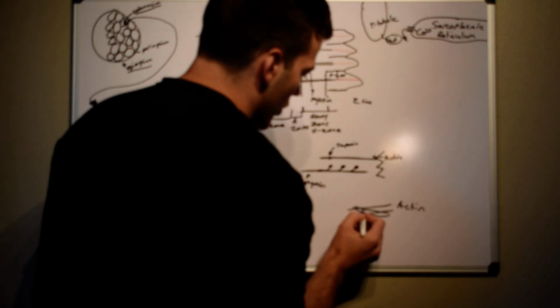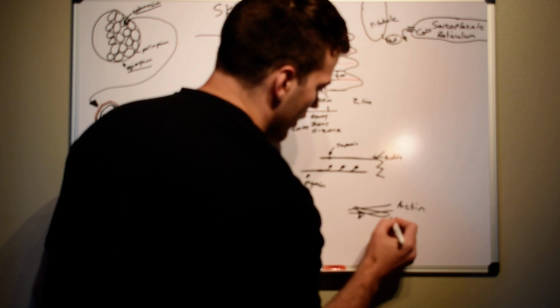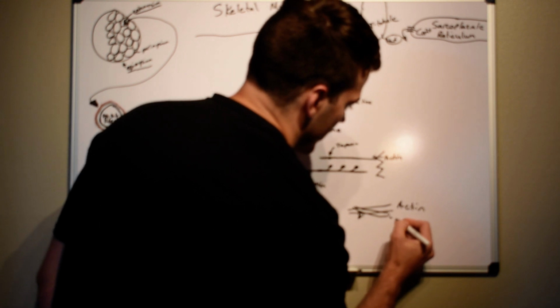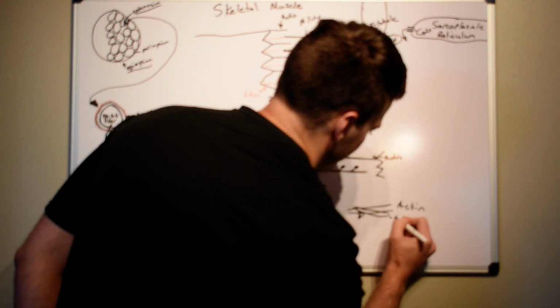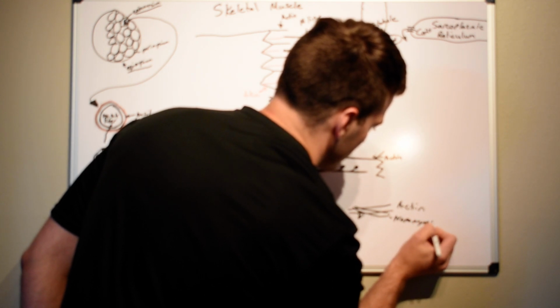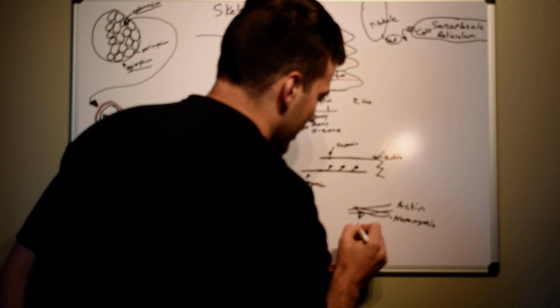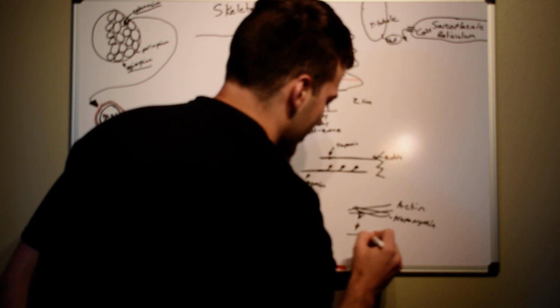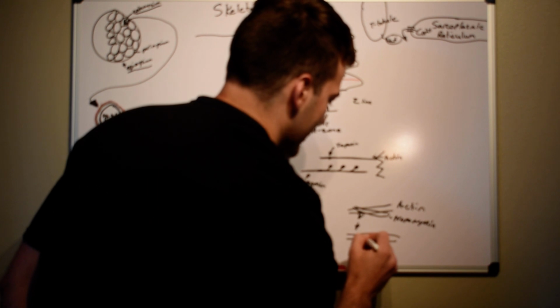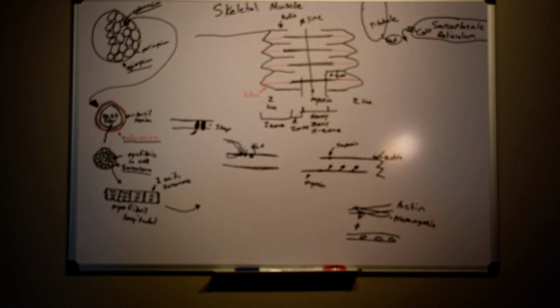So troponin, once it's bound by calcium, is going to pull this fiber called tropomyosin off of some very specific sites. Now you're going to have a clear actin with little sites for you to bind something.